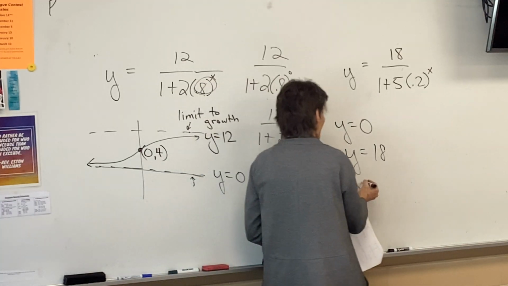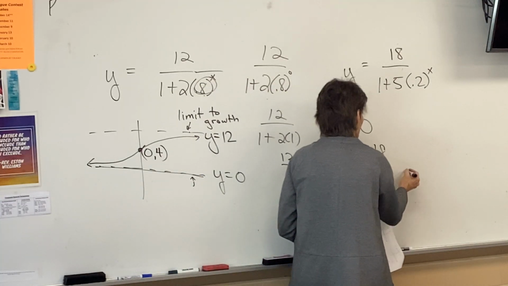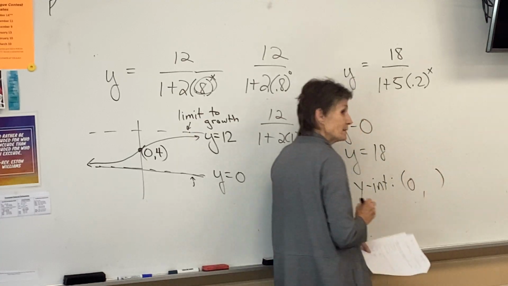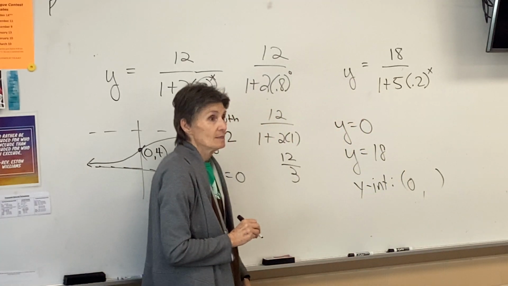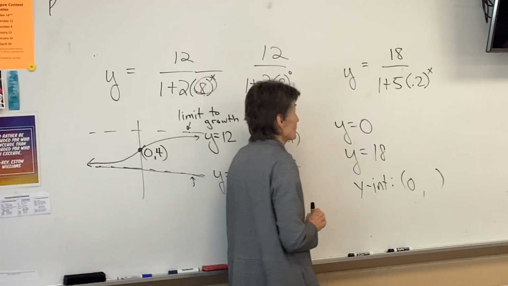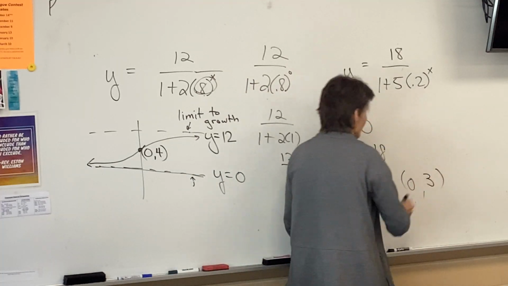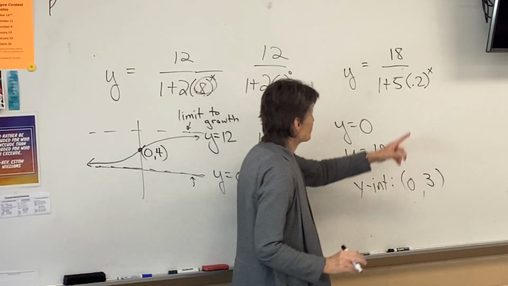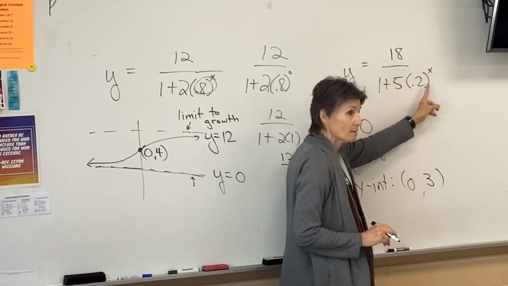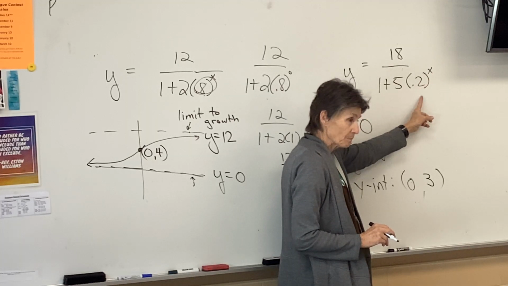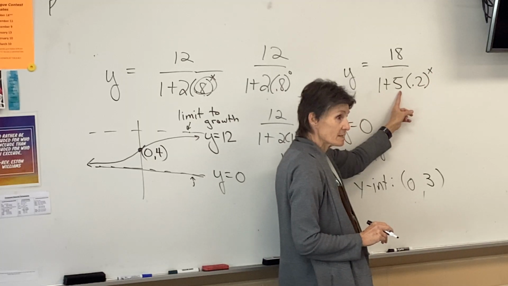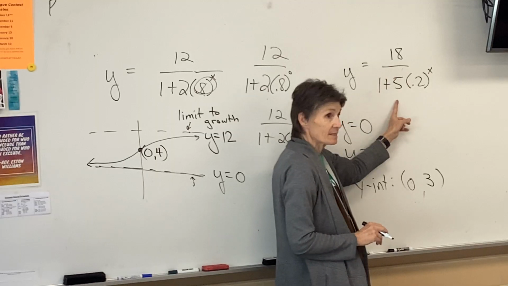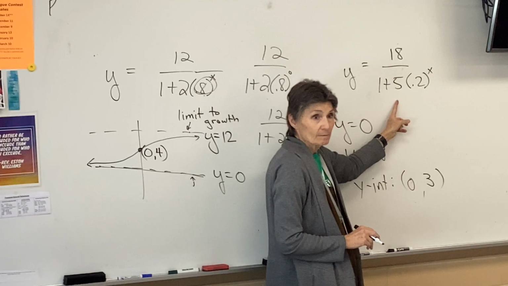What about my y-intercept? Remember, you're going to let x be 0. So it's going to be 0, 3. Because when you put in 0 here, this becomes a 1. 1 plus 5 is 6. 18 divided by 6 is 3.